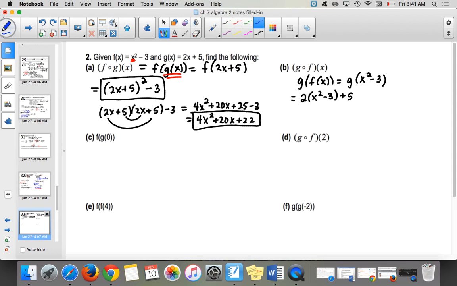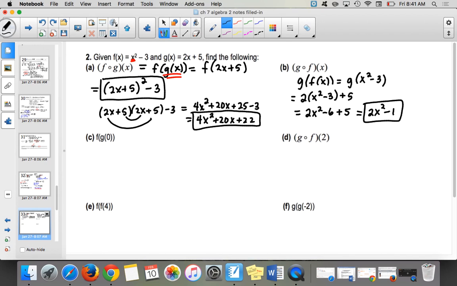We replaced the x that was right here with the x squared minus 3. So we get 2x squared minus 6 plus 5. So your final answer should be 2x squared minus 1. Did you guys get that? All right, good.